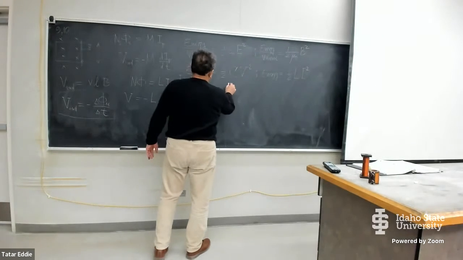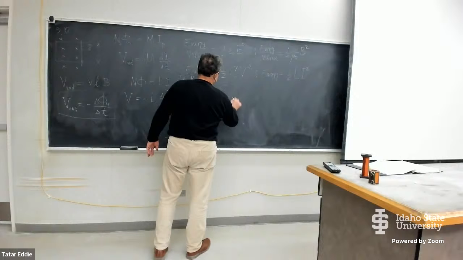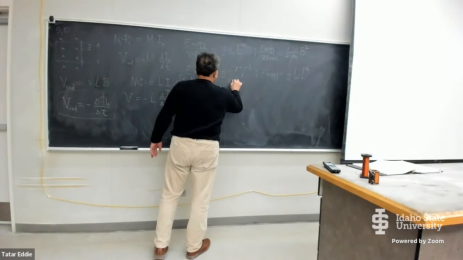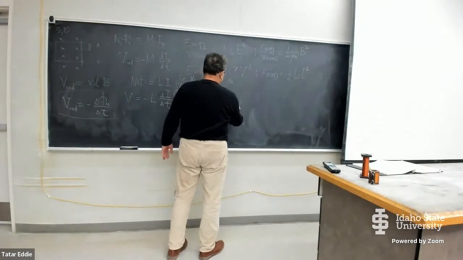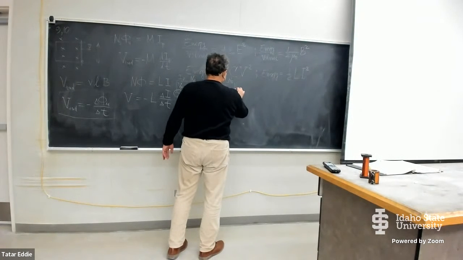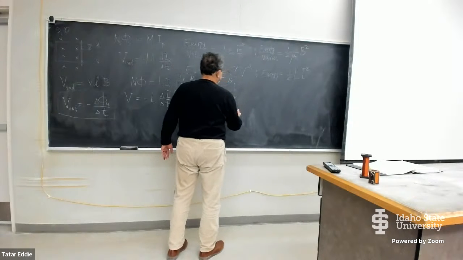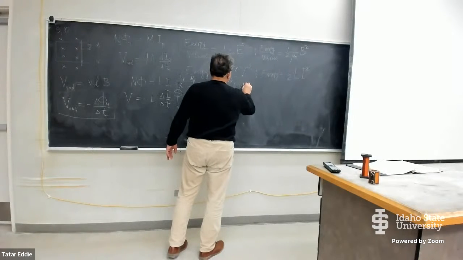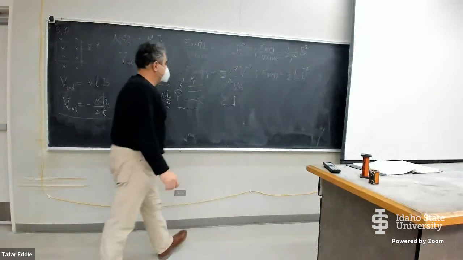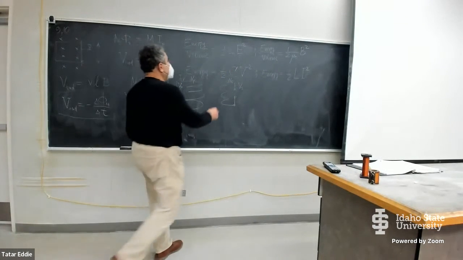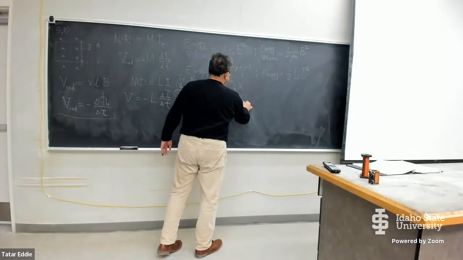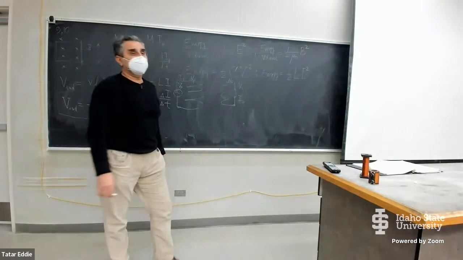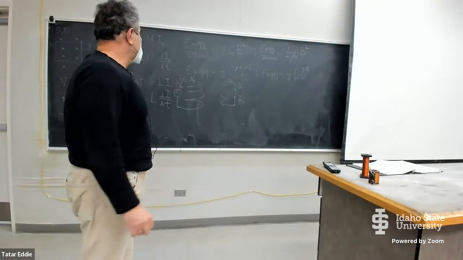And somewhere next to it, you have a secondary coil with number of turns N secondary. You're going to induce voltage in this secondary coil, call that voltage V secondary. And if you close the circuit, of course, you're going to drive a current I secondary in this secondary coil.